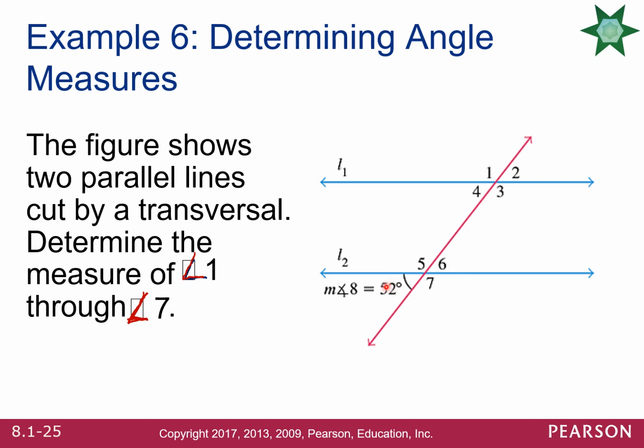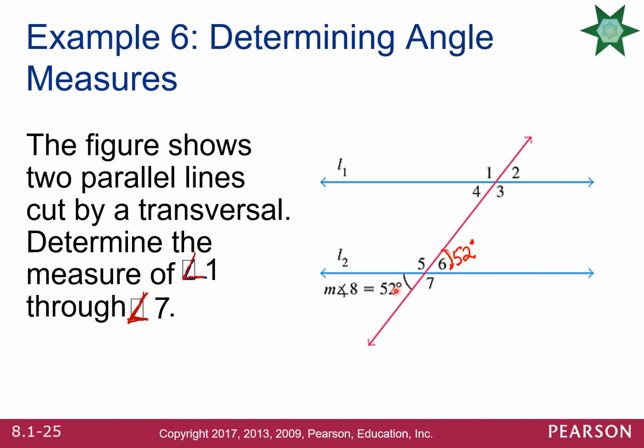So if angle 8 is 52, then angle 6 will also be a 52-degree angle. So I'm going to mark this as a 52-degree angle. So we already found one angle without doing any calculations. Now, if we find angle 7, then we should also be able to know angle 5 because they are vertically opposite angles. So how can we find angle 7?